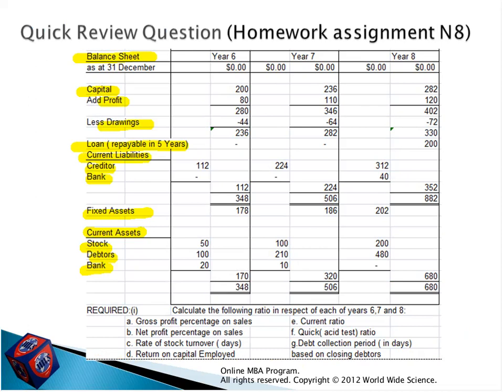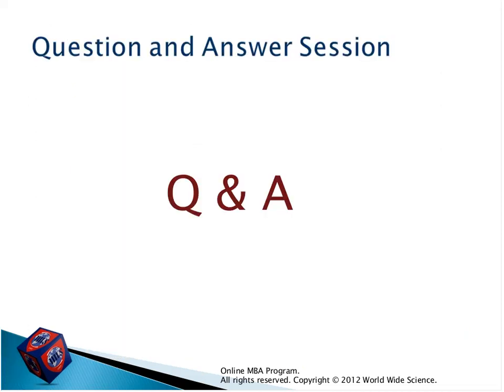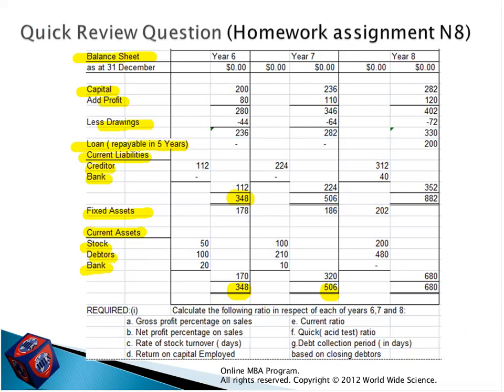So, for example, the balance sheet for year 6 is being for our liability in, right? And for year 7, the total assets are 506, and for the liabilities and equity, year 7 is 506.